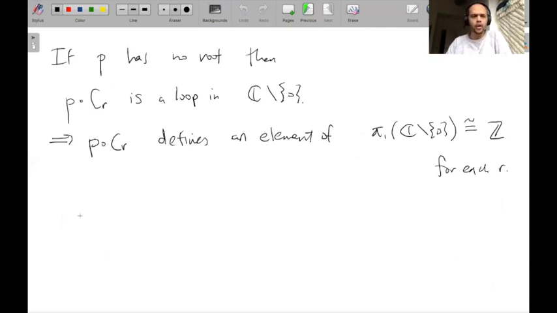So now what we're going to do is to think about what element this is. Right, and let me also point out that C_R and C_R prime are homotopic.